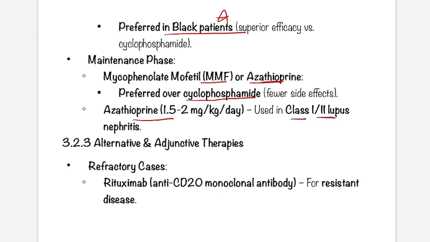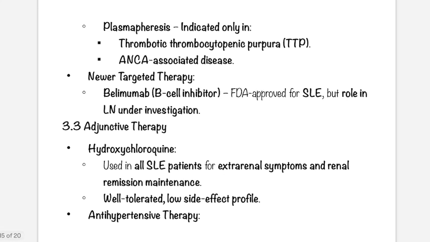Are there any alternative adjunctive therapies? Yes, in refractory cases, rituximab, that is an anti-CD20 monoclonal antibody, is used for resistant cases. Plasmapheresis: what are the indications of plasmapheresis in lupus nephritis? These are thrombotic thrombocytopenic purpura, that is TTP, and ANCA associated disease.